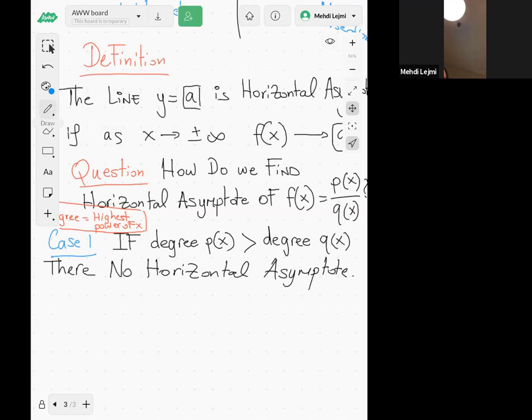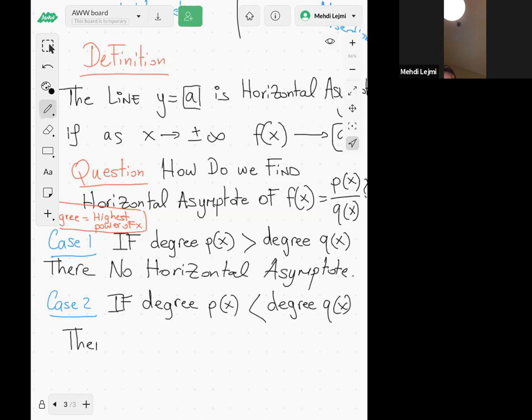So case number 2, the other way: if the degree of P is less than the degree of Q, then there is a horizontal asymptote, and it would be just the x-axis.